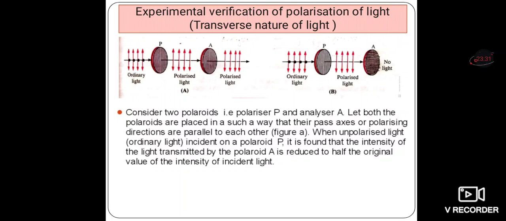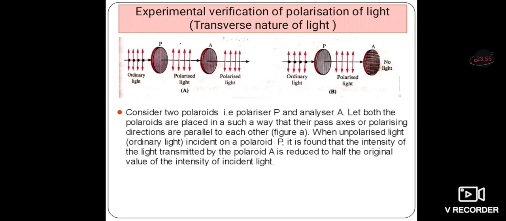Whenever ordinary light passes through the polarizer, only some amount is transmitted, and when that polarized light passes through the analyzer, the amount is reduced.